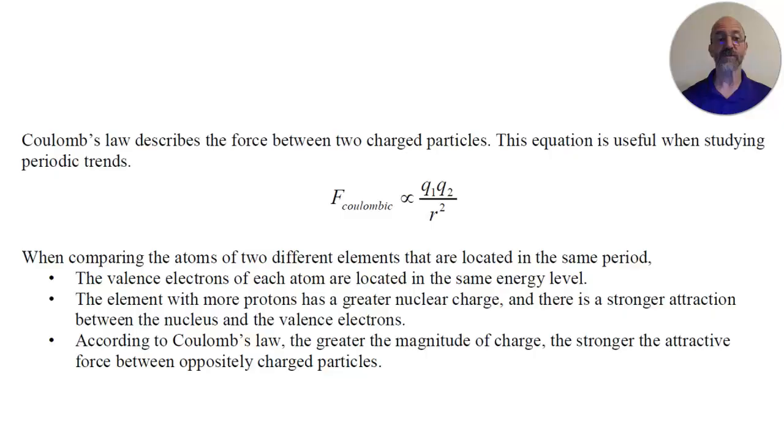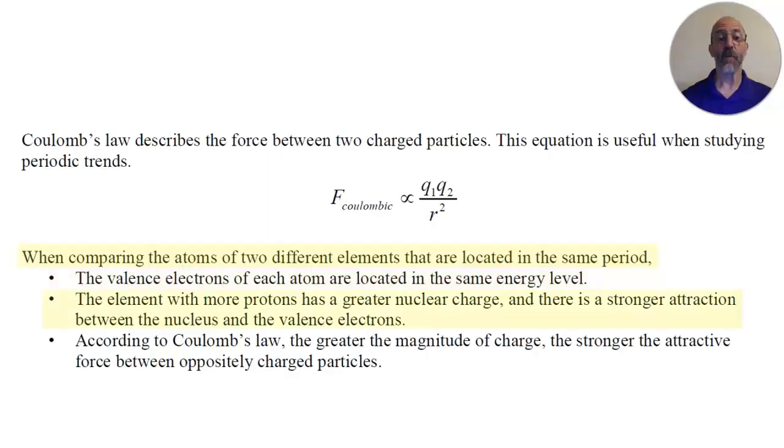Now, back to Coulomb's law, we're talking about the attraction between a positively charged nucleus and the negatively charged electron cloud. If we are comparing the atoms of two different elements that are located in the same period, such as potassium and calcium, then the valence electrons of each atom are located in the same energy level, such as the 4s sublevel for potassium and calcium.